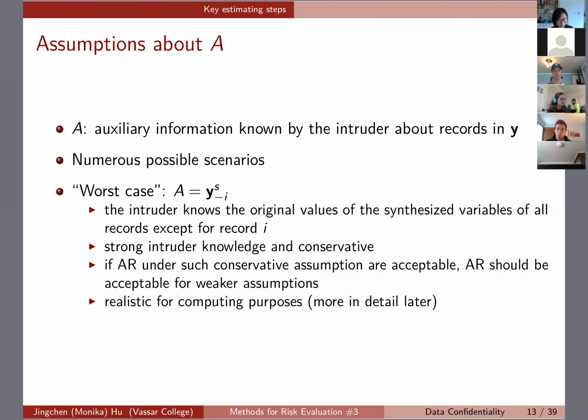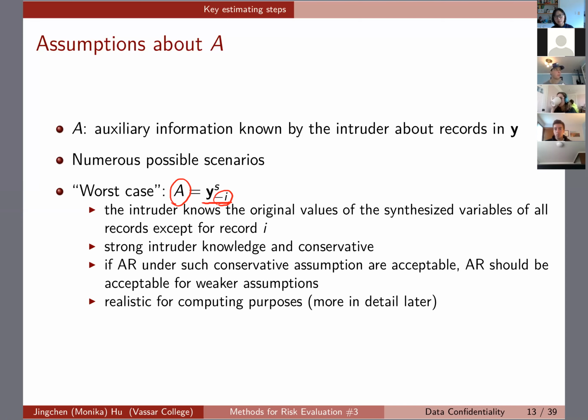We assume that when the intruder is working with record i, the intruder knows everything else except for record i. So the notation is that A, the set of auxiliary information known by the intruder, is YS,-i. This subscript, minus i, means every record except for i.